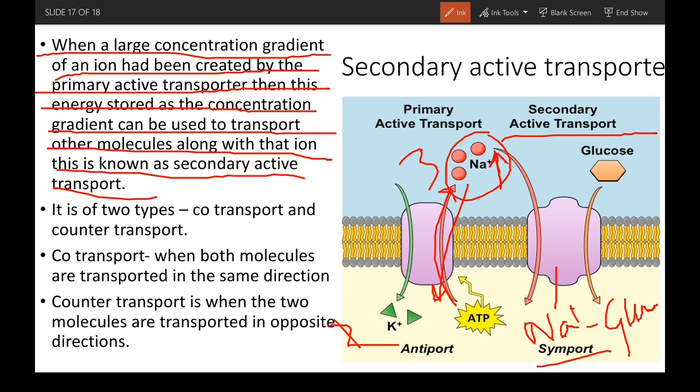This concentration gradient which has been created by the primary active transporter is used to carry a glucose molecule along with the sodium, right? So it does not directly use ATP, but it uses the energy that has been stored by the action of the primary active transporter.